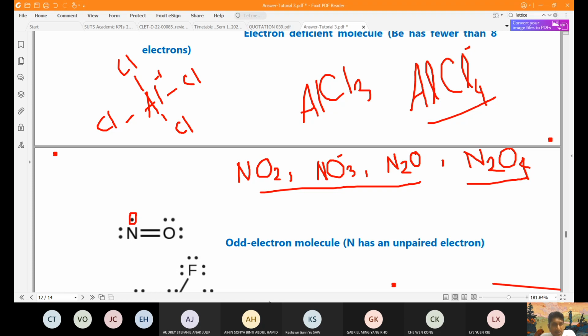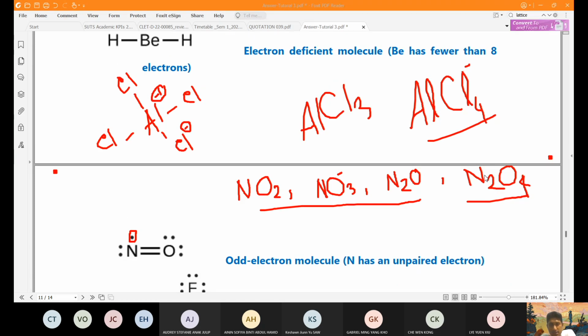So my question is, what is the difference between those two? Which one will be more stable? So which one will be more stable, do you think?